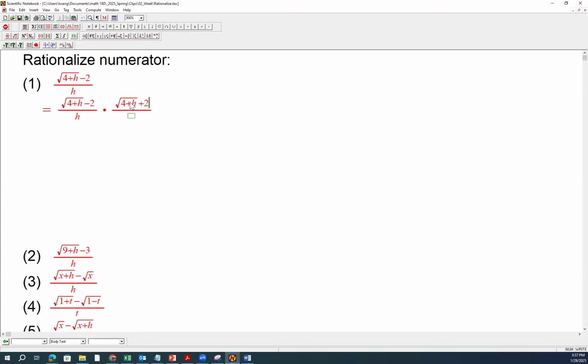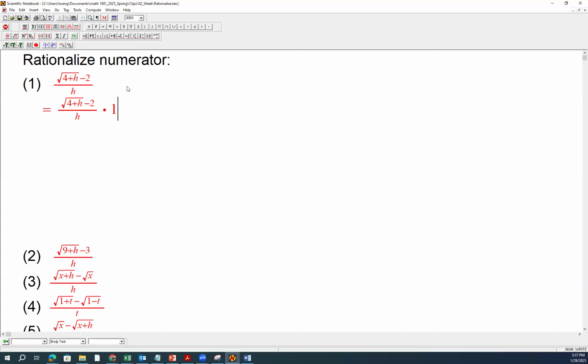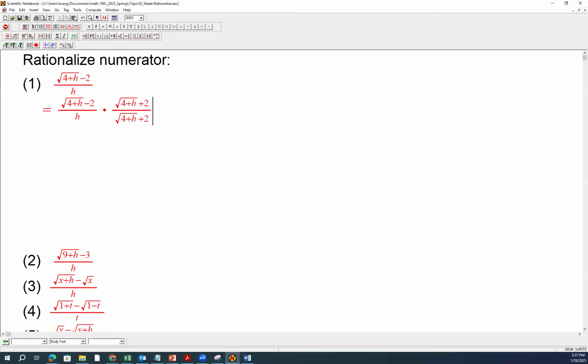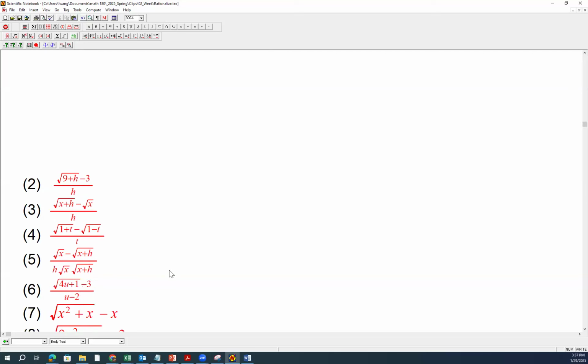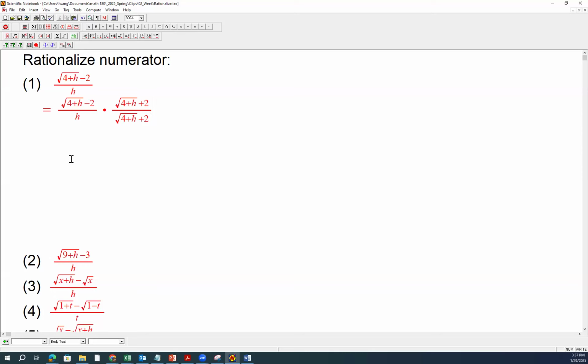So we have that in the numerator, and we also have that in the denominator. So the numerator is the same as the denominator, and this essentially is the number 1. Anything times 1 stays the same. This is the technique we use for all of these questions, but there are different situations, so we must be patient with ourselves.